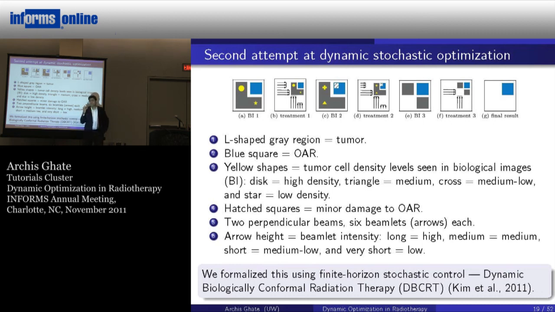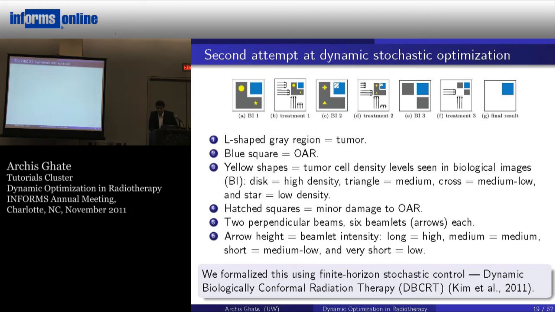Because in our minds we have this idea that we are going to use biological images, and we are going to come up with plans that conform to how these biological processes evolve over time, rather than just conforming to the shape of the tumor, for instance. So biologically conformal as opposed to physically conformal. That's the distinction we are trying to make.